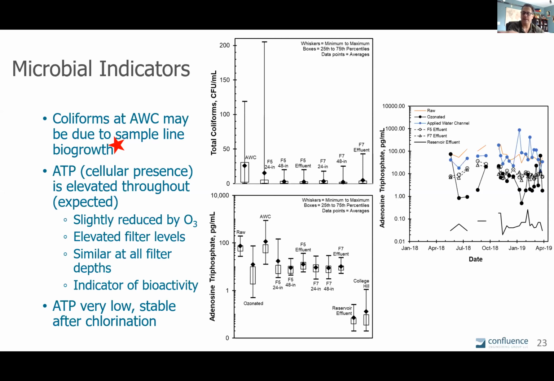And on the right-hand side, it shows the scatter over time of ATP across the whole study. So this was nice. It told us that there were no problems, I suppose. There's no overgrowth of coliform bacteria, and there were pretty low levels of any nuisance organisms that we saw.